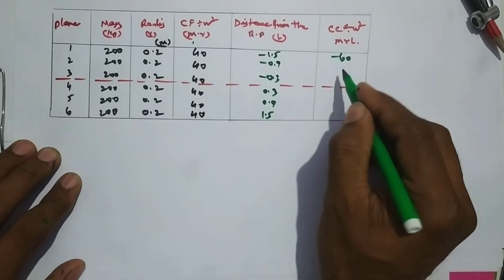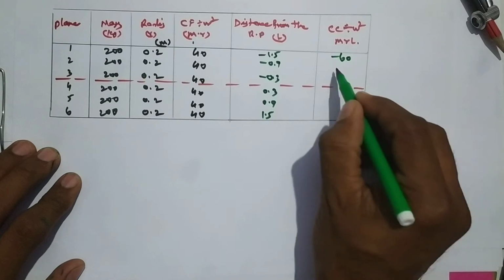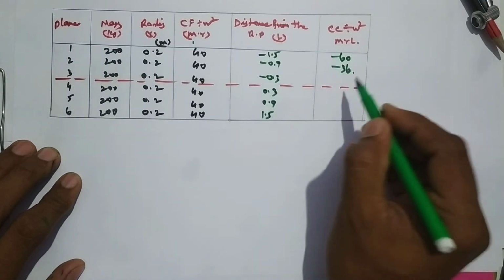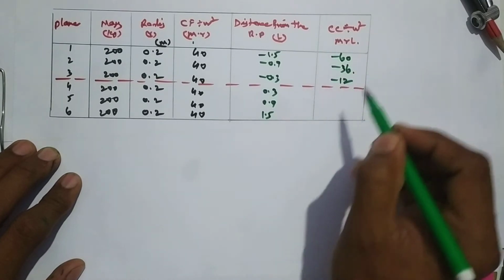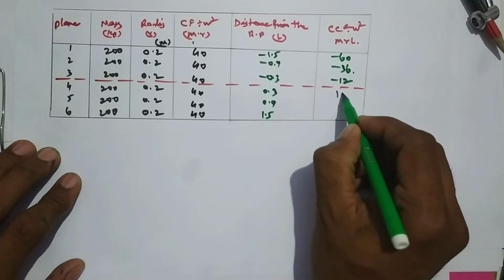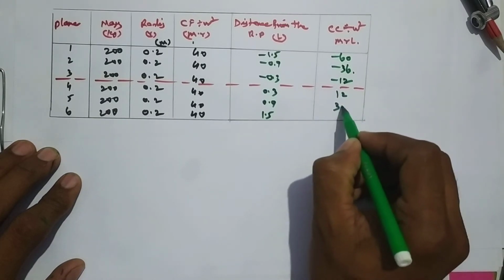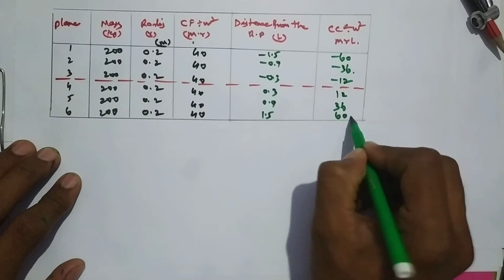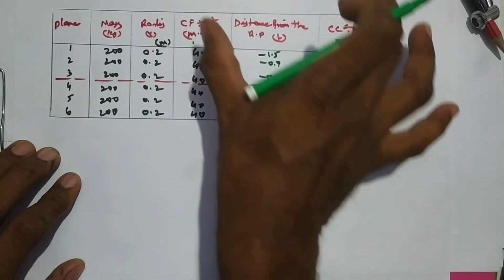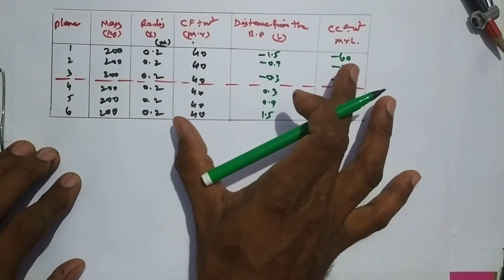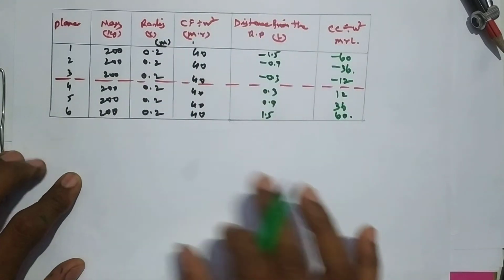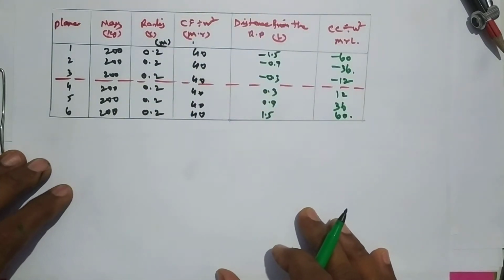So minus 60, minus 36, minus 12, 12, 36 and 60, you are getting that. So from this table and these values, you should draw the polygons, right.